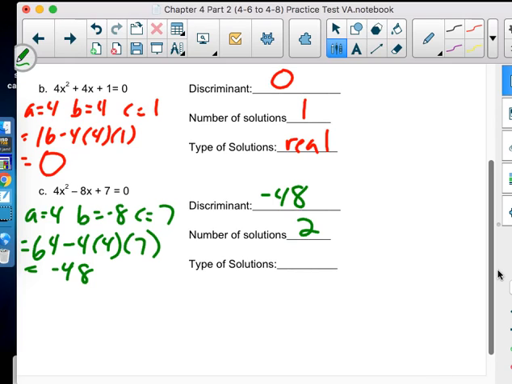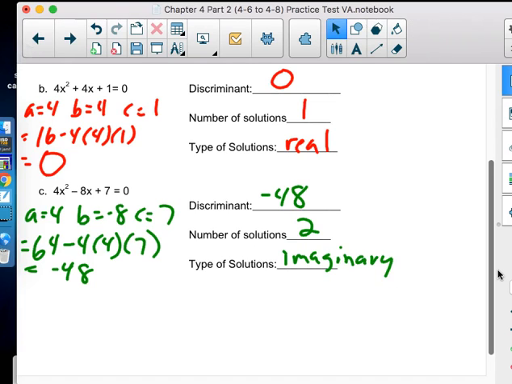Both imaginary, because it would be the square root of a negative 48. So these will be imaginary. And we've got it covered. Notice how each one is a little different. On the test, we want to make sure you understand each and every one of those. So if we end up with something that's positive, 2 reals; 0, 1 real; and negative, 2 imaginary.